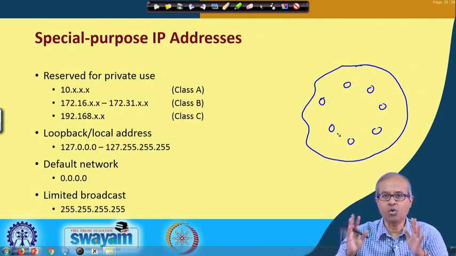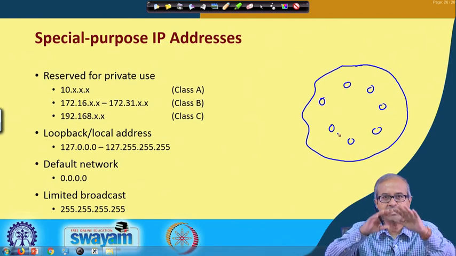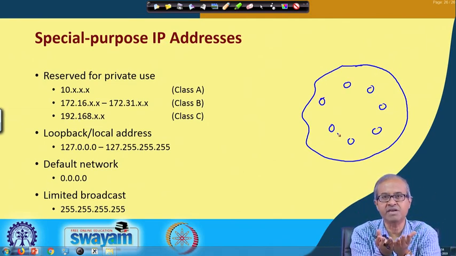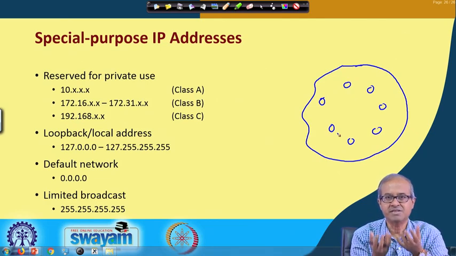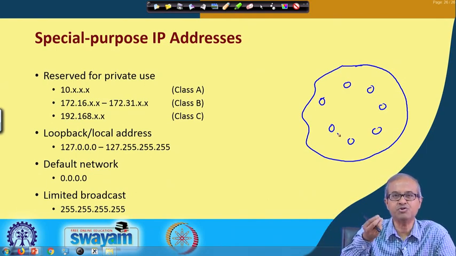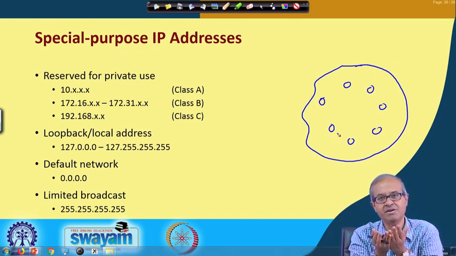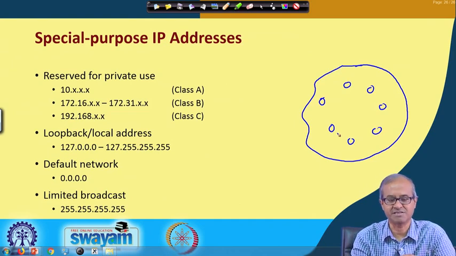I do not need to have unique IP addresses which are not used anywhere in the world, because I am using them only within my organization. So, I can use something called private IP addresses which can be used by others also. They are not supposed to be used publicly with other networks. Only inside your network you can use these private addresses.